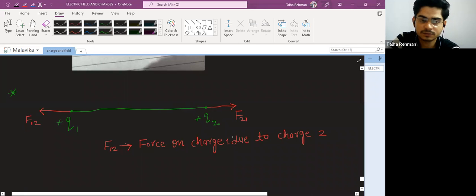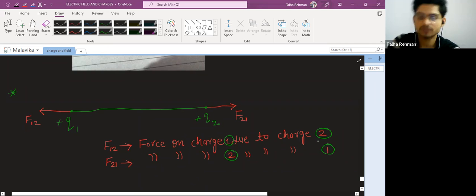I am highlighting this: on charge 1. And F21 is written as force on charge 2; the first term is 2, due to charge 1. Do not get confused in that.